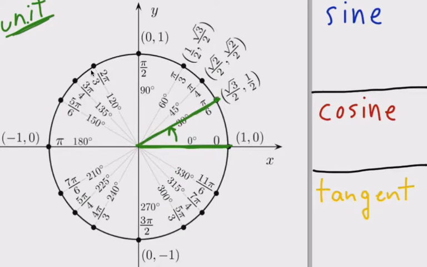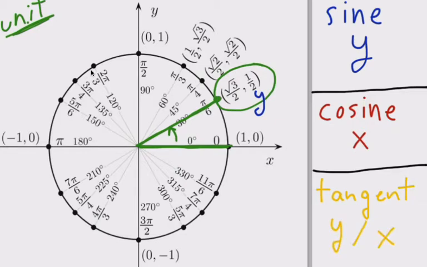Then the numbers we're going to use are these coordinates right here. For the sine of an angle, we look at the y-coordinate. For the cosine of an angle, we look at the x-coordinate. And for the tangent, we use both: we take the y and divide it by the x-coordinate.